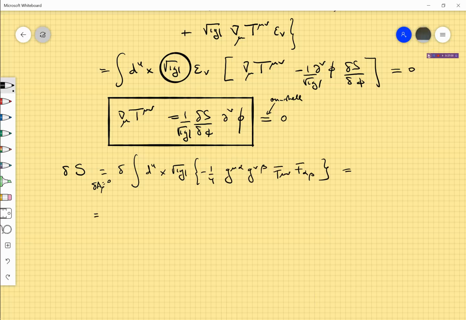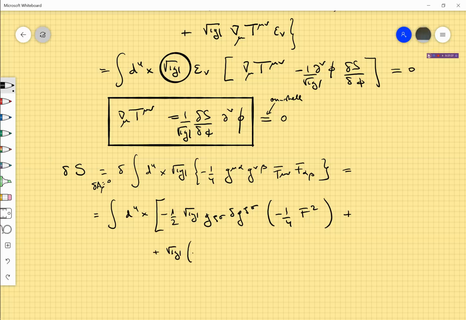And as usual, we vary with respect to the inverse metric, with the indices up. So we get a first term, which is the variation of the square root of g. And remember that this was minus half the square root of g, let's say g rho sigma delta g rho sigma, multiplying the rest, which was minus 1/4 of F squared. Now I have another term.